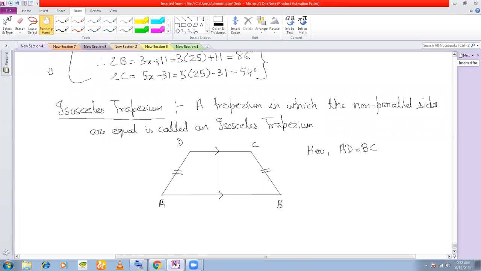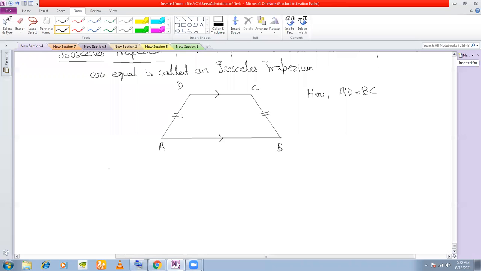Okay. So the property of trapezium will hold here. The only property of a trapezium, what is the property?